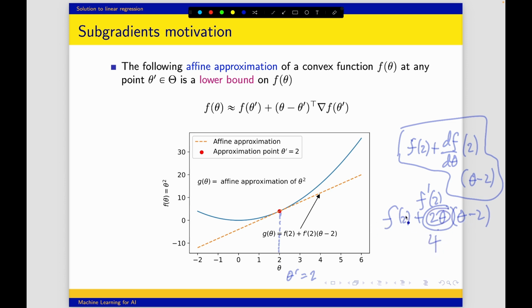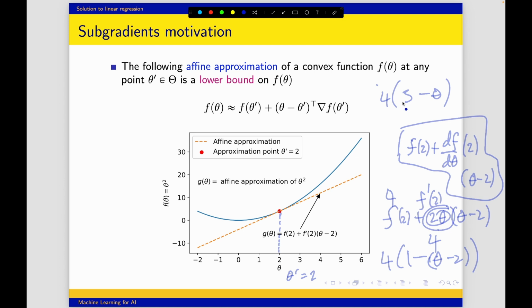And f at 2 is going to be 2 squared, which is 4. So it's 4 plus 4 times theta minus 2, which is, let me make sure I've got this right. So it's 4 times 1 minus theta minus 2, so it's going to be 3 minus theta, right?